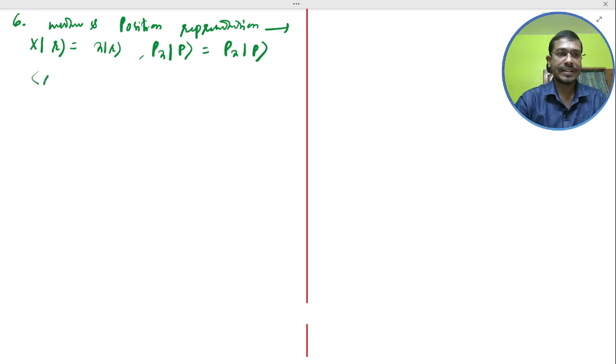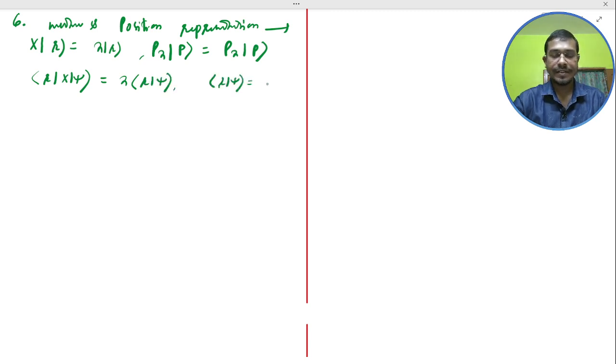In such a case, ⟨r|x|ψ⟩ is x⟨r|ψ⟩, and the ⟨r|ψ⟩ inner product would be ψ(r).